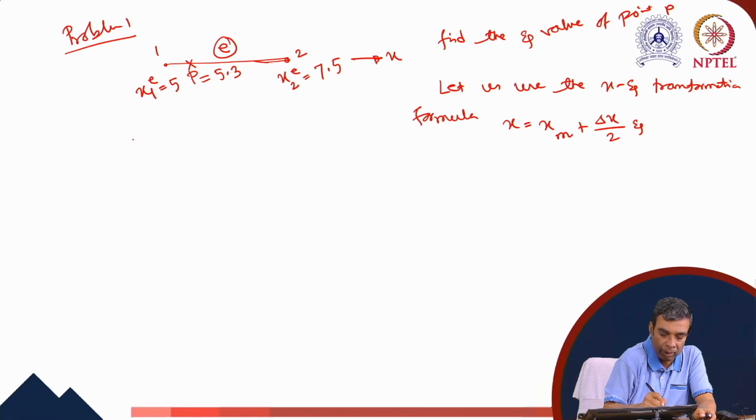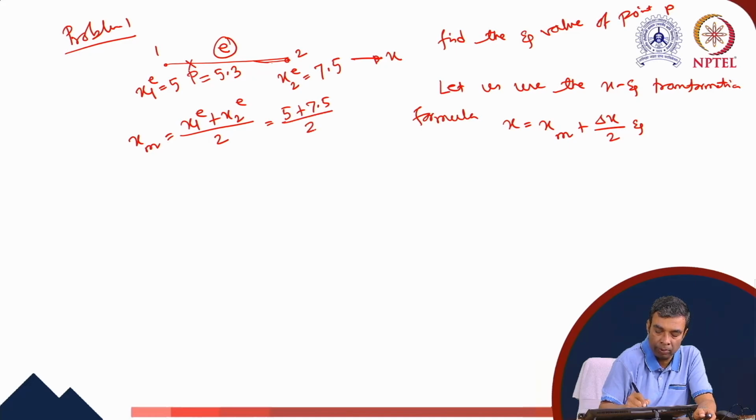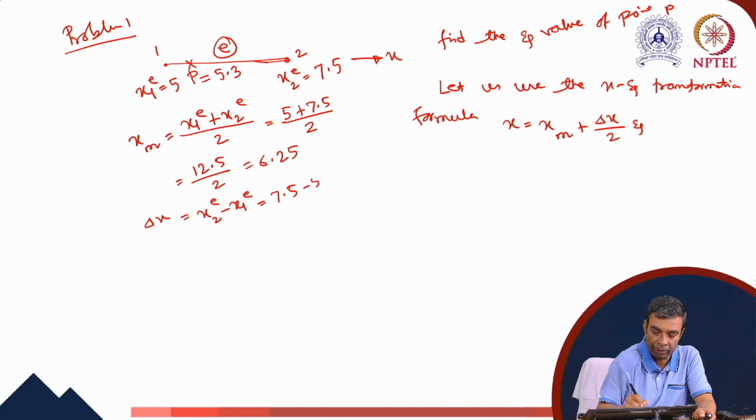Here for this particular problem, xm equals (x1e plus x2e) by 2, so this is (5 plus 7.5) by 2 equals 12.5 by 2 equals 6.25, and mesh size delta x equals x2e minus x1e equals 7.5 minus 5 equals 2.5.